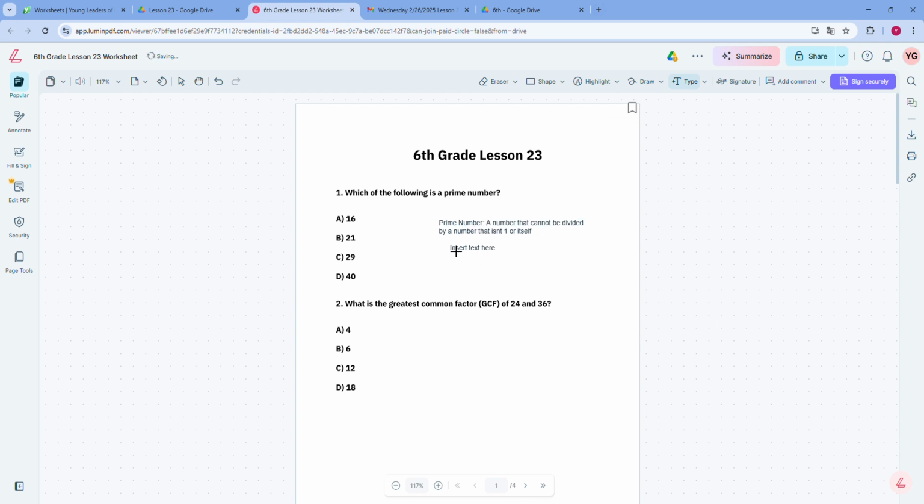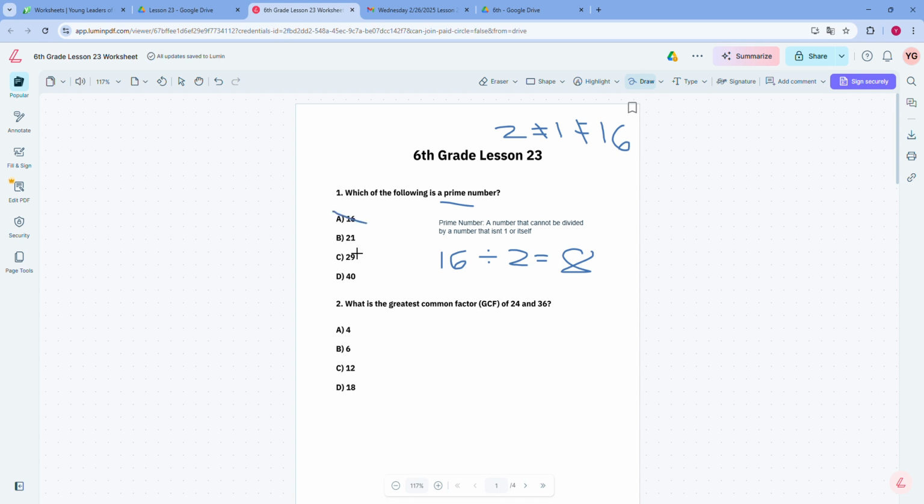So you can find whether something is prime or not prime by just looking at it. 16 can be divided by 2, which is not 1. 2 is not 1 and it's not 16. So that means that this is not a prime number.